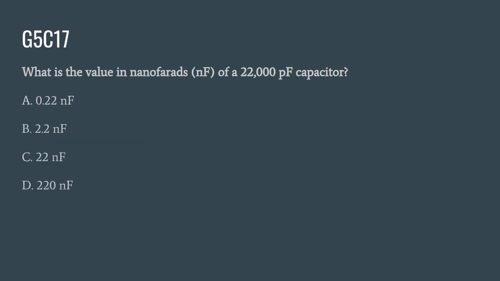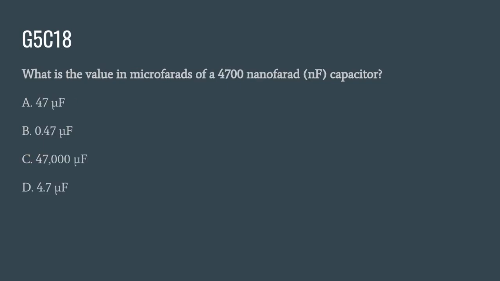G5C17. What is the value in nanofarads of a 22,000 pF capacitor? A. 0.22 nanofarads, B. 2.2 nanofarads, C. 22 nanofarads, or D. 220 nanofarads. Correct answer, C. 22 nanofarads. G5C18.